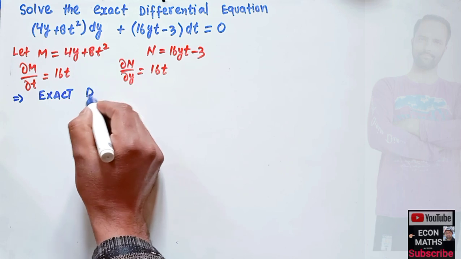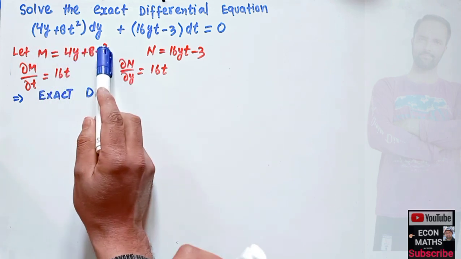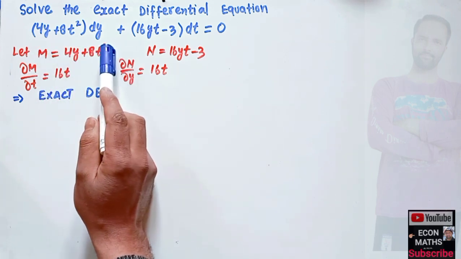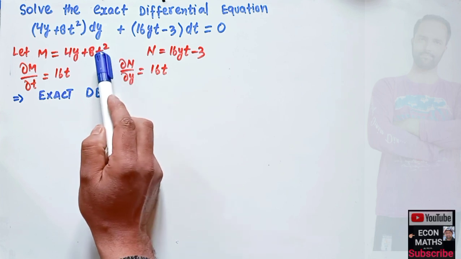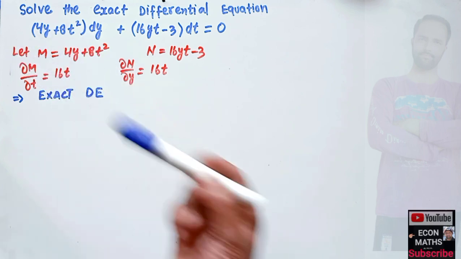Now the second step: we integrate M partially with respect to y and treat t as constant, to get the function f(y,t).